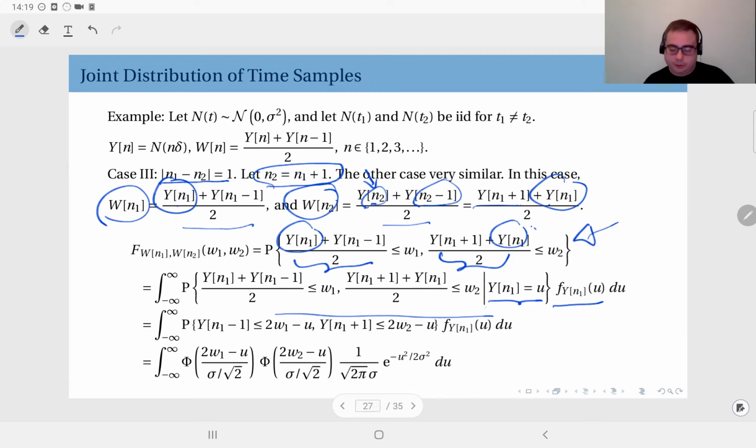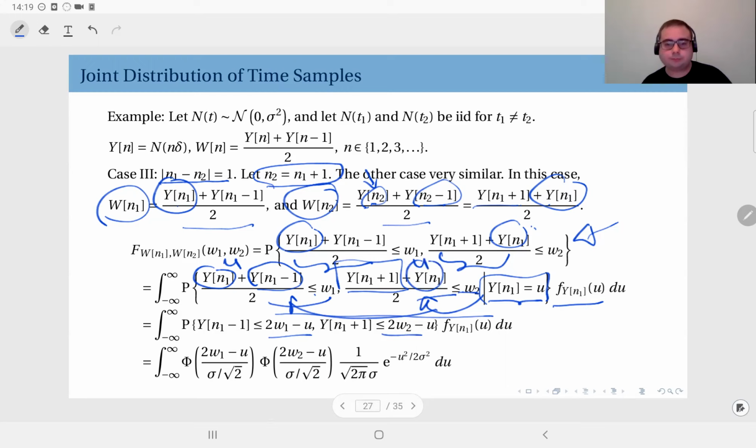And now when you plug in this value into these two expressions, what you get is y of n1 minus 1 is less than or equal to 2 times w1 minus u. Similarly here, y of n1 plus 1 is less than or equal to 2 times w2 minus u.